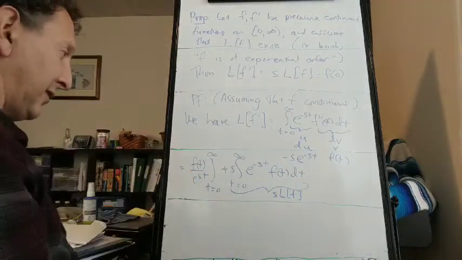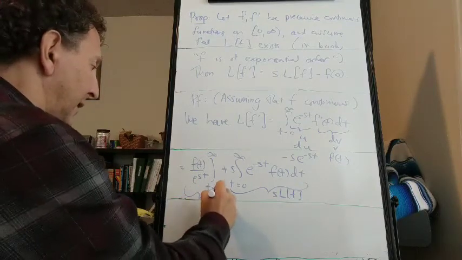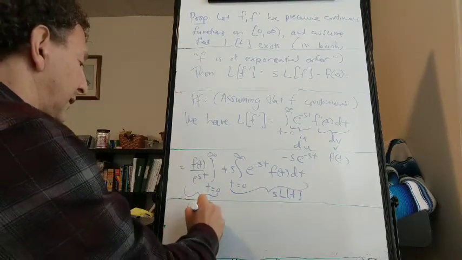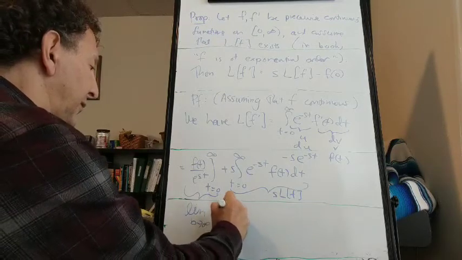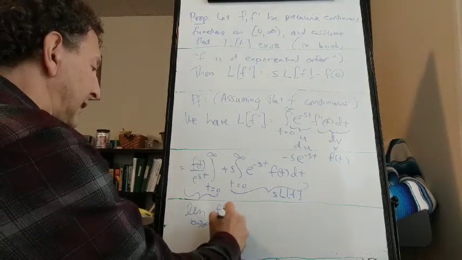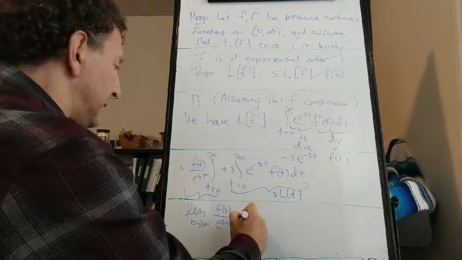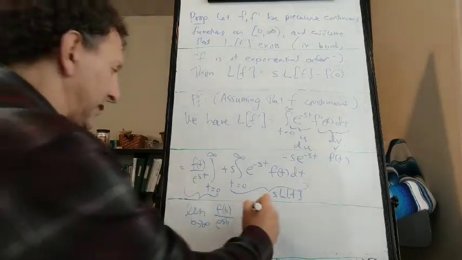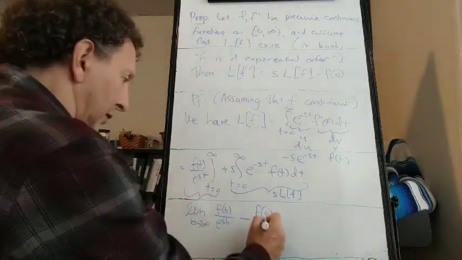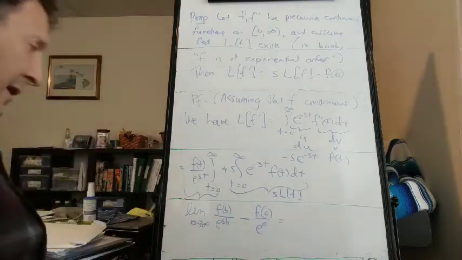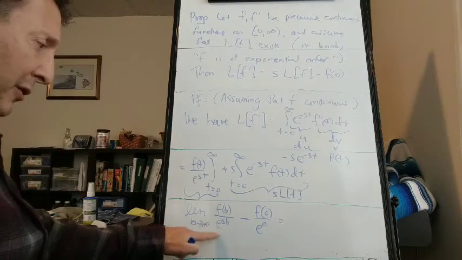And then let's look at the first term. This is the limit as b goes to infinity of f of b over e to the sb minus what we get when we plug in 0, f of 0 over e to the 0. And as b goes to infinity, this denominator grows very quickly.